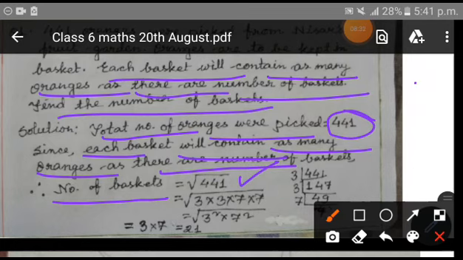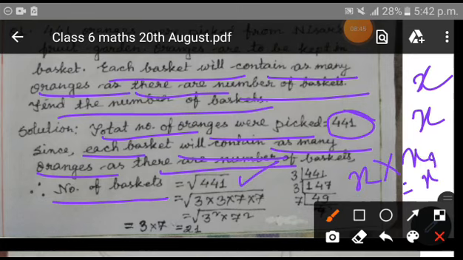Why? Because if we take the number of oranges in each basket to be x, and the number of baskets to be x, then the total number of oranges which you will get is x into x, that is x square. So the value of x square is 441. After that, just factorize it in order to take the square root.